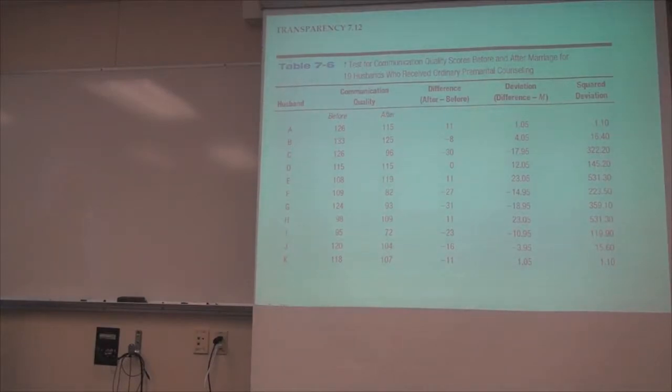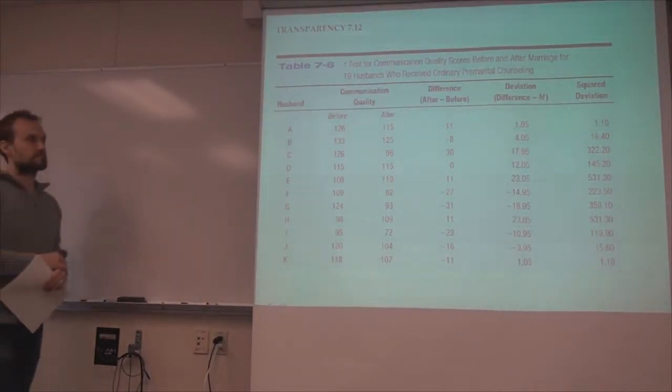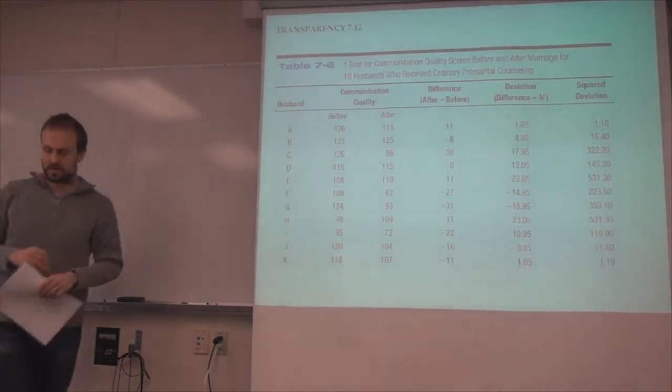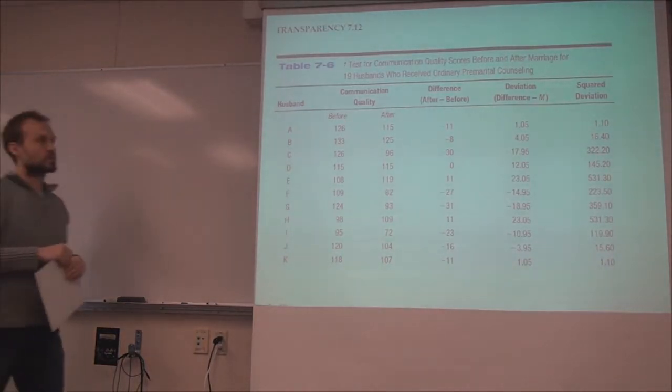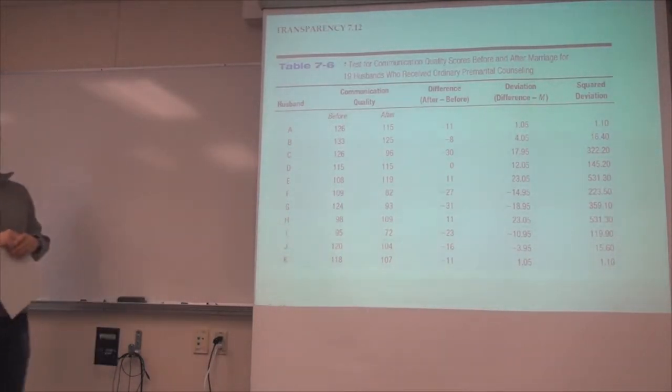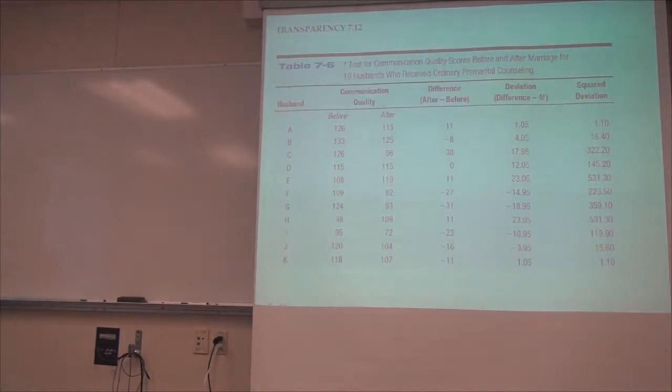All right, so we've done the basic t-test, where it's very similar to the one using a normal curve, except I don't know the standard deviation, I don't know the variance.